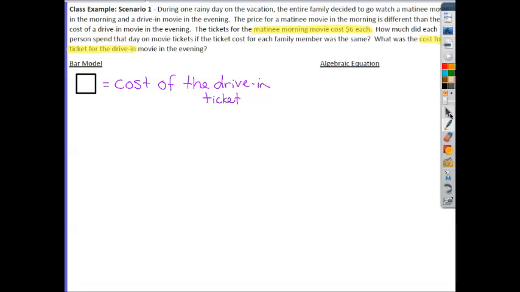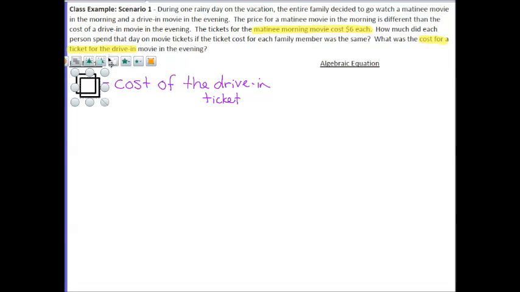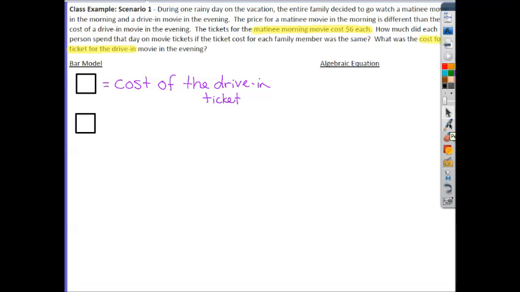So we know that each person went to the morning matinee, which cost $6, and the drive-in movie in the evening, which is our unknown. So let's replicate this. And we're going to add on to it to represent the cost of the morning matinee.